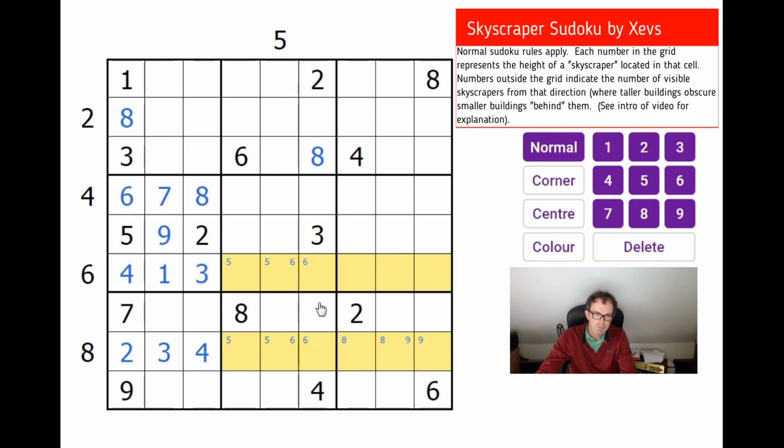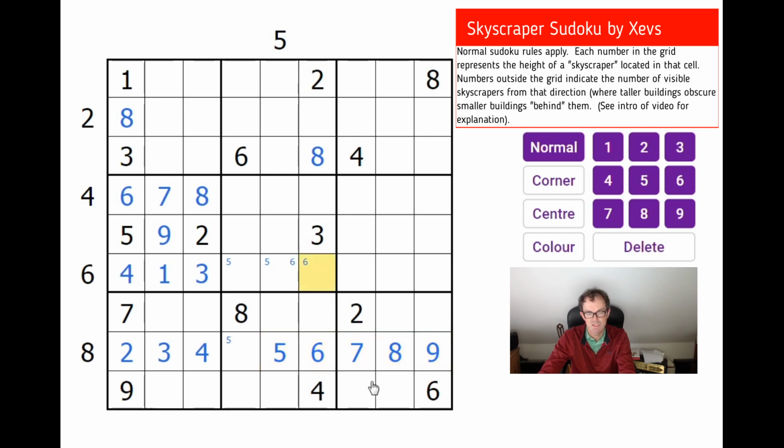So what do I mean by that? Well, let's look at this square, for example. Now, if this square is a 5, then I know, because the numbers have to strictly increase in order to be able to get to 8, I would have 5, 6, 7, 8, 9 in this row. Let's actually show this so that it's clear what I'm talking about. Now, if this is the arrangement of these numbers in row 8, I now need to say, well, where does the 5 go in row 6?